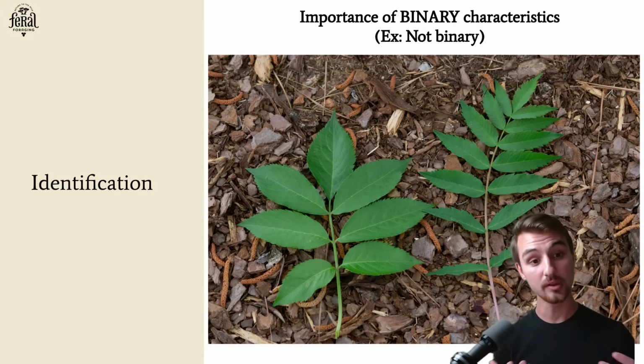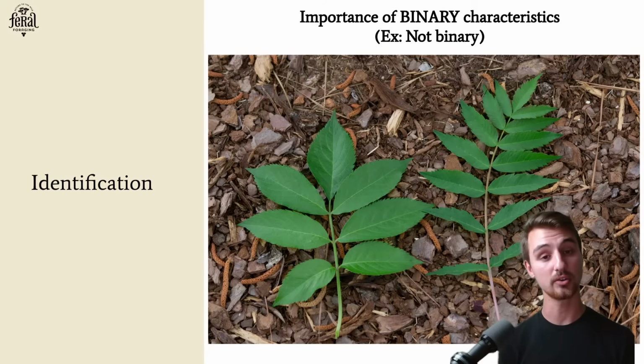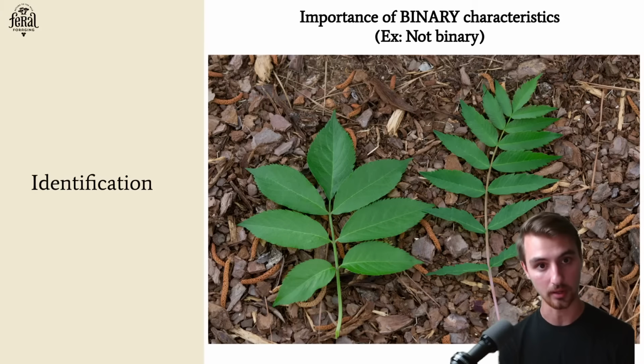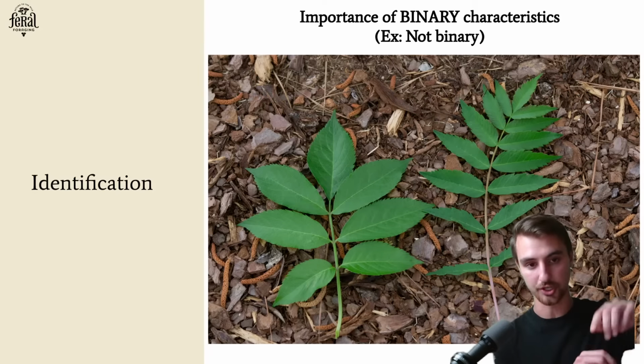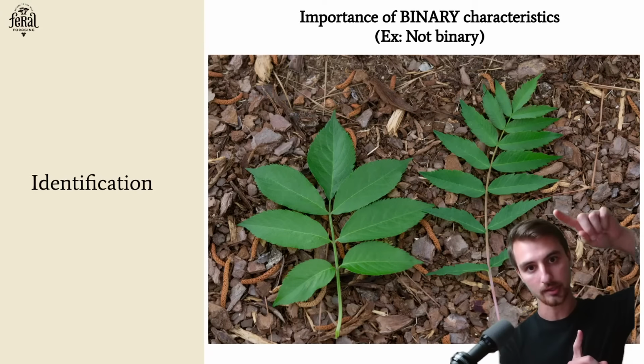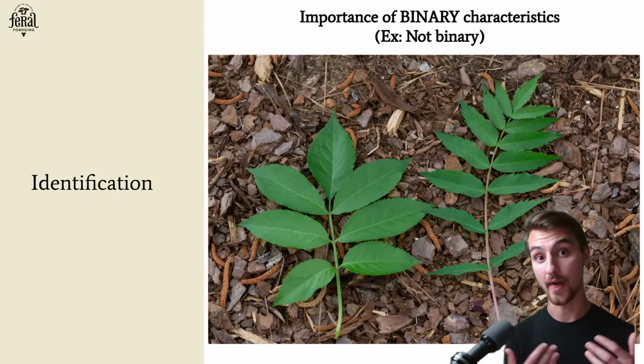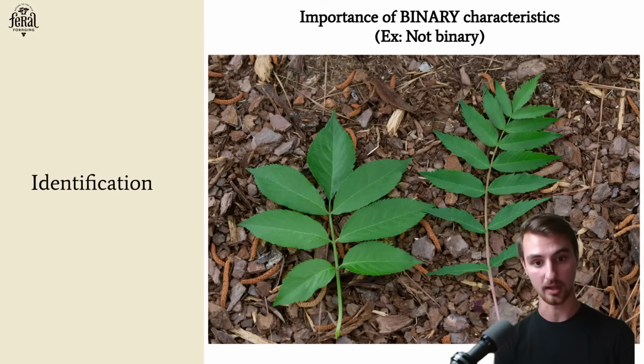Okay, so here's an example of a characteristic that isn't binary. One of the ways that we can tell apart elderberry from sumac is that elderberry leaflets typically have a finely serrated margin, and sumac leaflets have a more broadly serrated margin. That's not binary. If one of them was smooth and the other one was serrated, that would be, but this example is not.